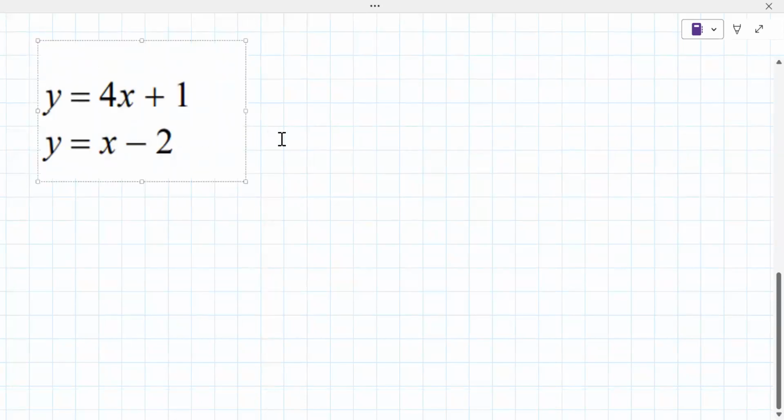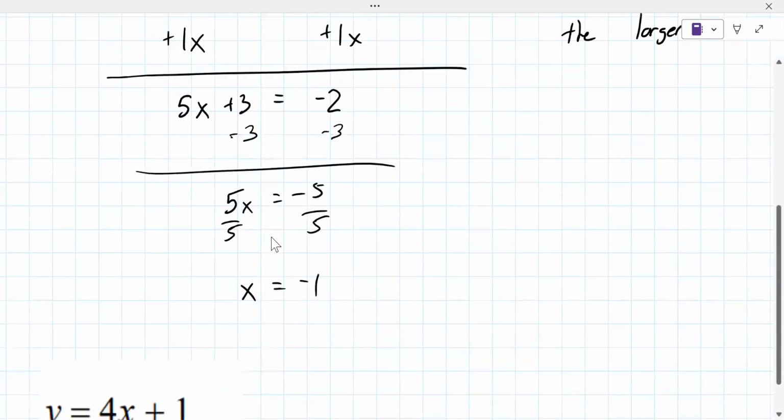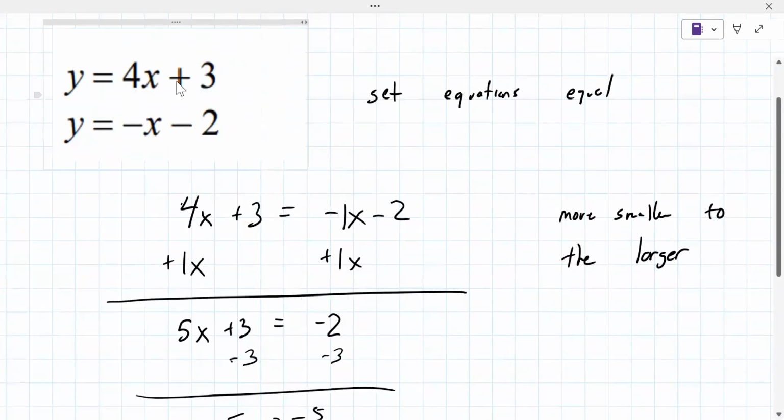In the question, would they give you what numbers you would put in, right? No, you have to solve it. You set the equations equal and then solve like we just did. We're setting the equations equal.